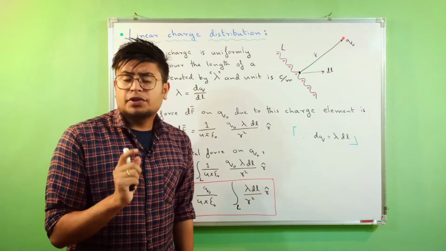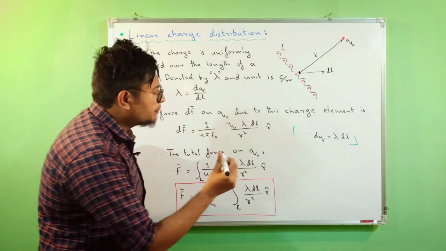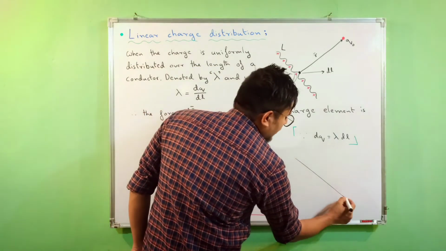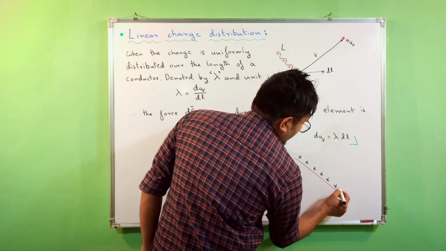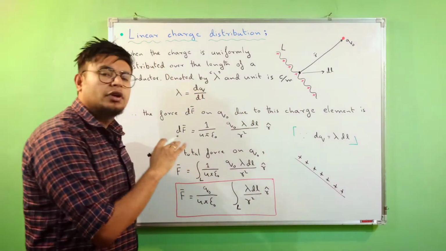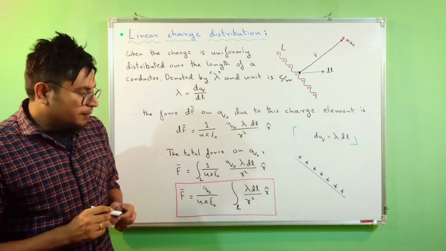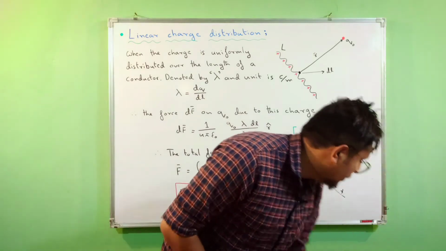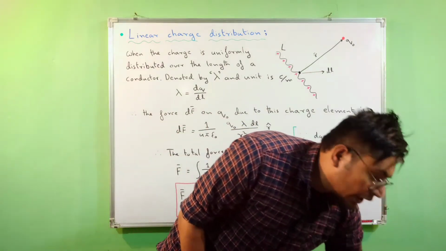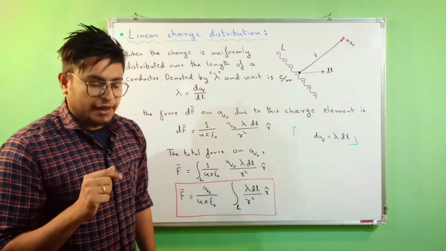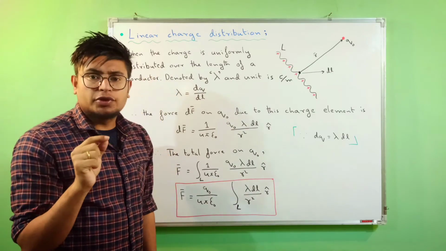Linear charge distribution is the case where the charges are being distributed over one particular line in a uniform way. So when this happens, we want to calculate the force that is going to be applied by this particular linear charge distribution system.